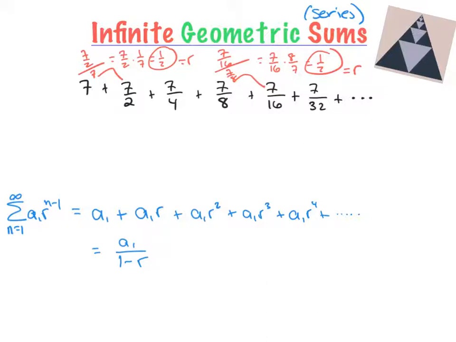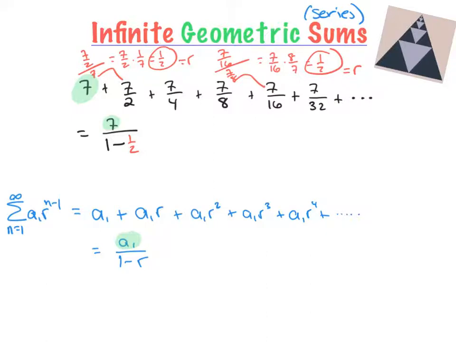Cool. So going to this example up here, the first term in this problem is 7, so that is what we would put in our numerator: 7 over 1 minus the common ratio, which we already found out was 1/2.